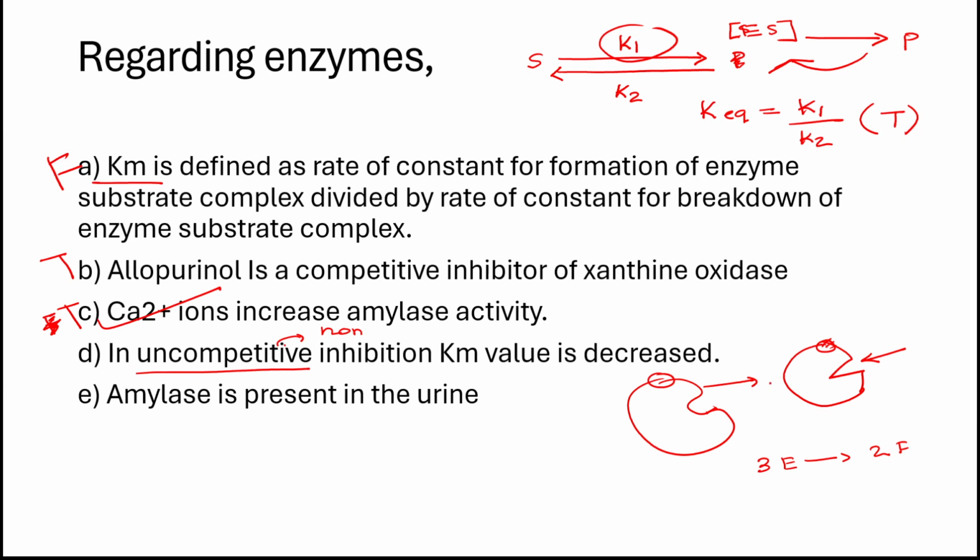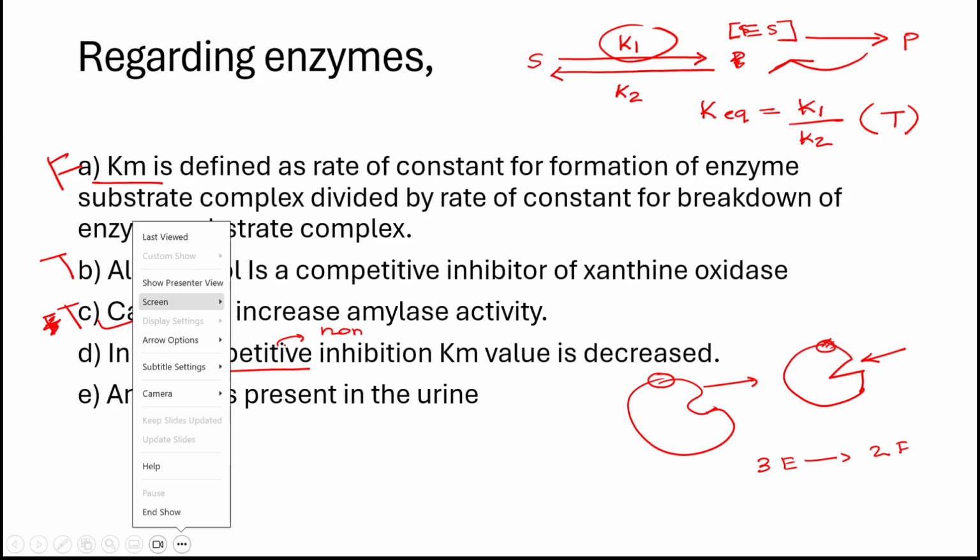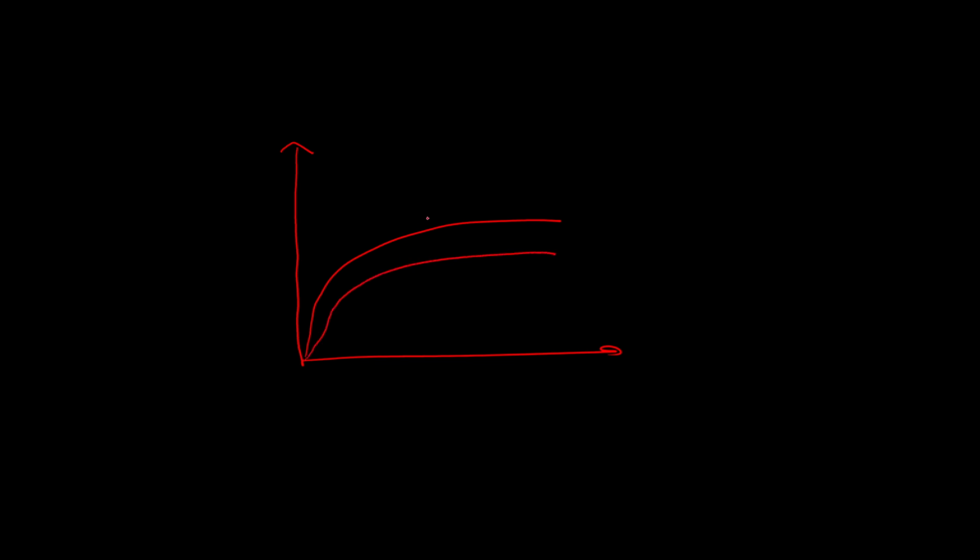So what you would see is that the velocity of the reaction would be reduced because only a few enzymes are coming into play. The total quantity of enzymes is not in action, but does it have an influence on the active site?